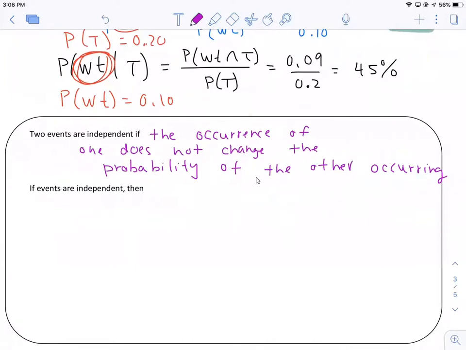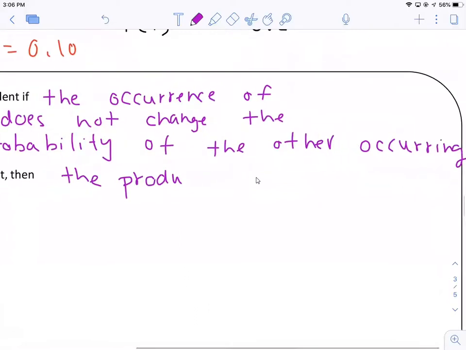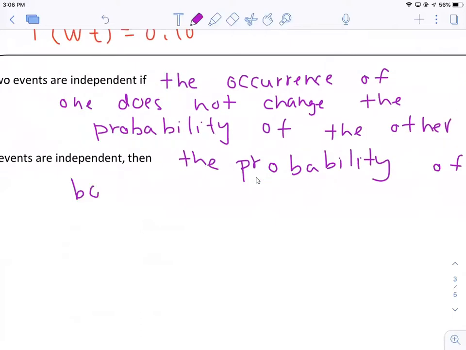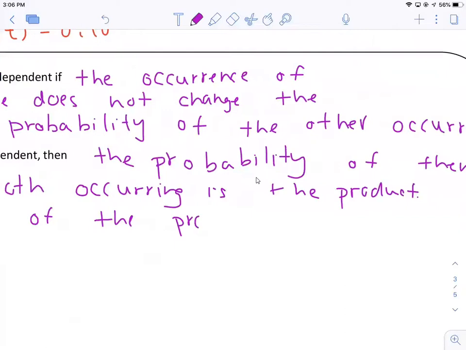So if events are independent, then the probability of them both occurring is the product of the probabilities of each occurring.